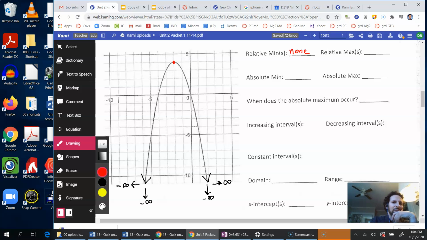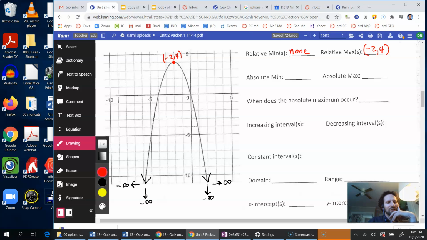Now there is a relative maximum right here where the graph goes from increasing to decreasing after that point. So that point is a relative max, and we can describe those coordinates as -2, 4. So the relative max is -2, 4.